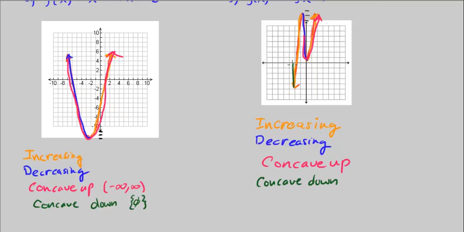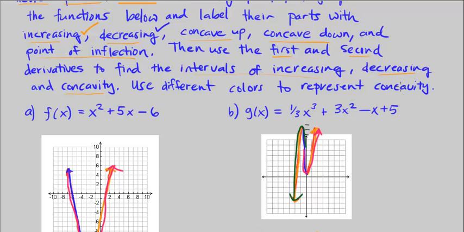All right. And concave down here, we are going concave down from the beginning until we hit this point, right? So there's concave down in green. In pink, we have up. So finally, we did concave down and up. And point of inflection is where the concavity changes, right?